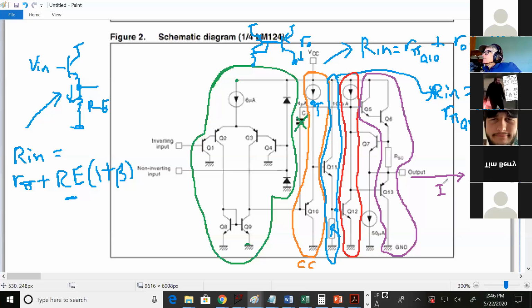Does this have crossover distortion? Okay. What is crossover distortion again? What does crossover distortion look like?